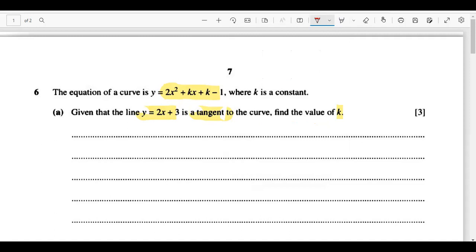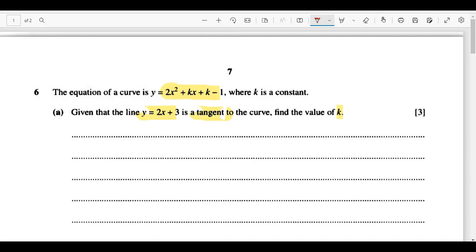It could be that the line and the curve intersect at 1 point only, and then we call the line tangent to the curve. There the discriminant is equal to 0. And where we had no points of intersection, the discriminant is less than 0. So these were the three cases.